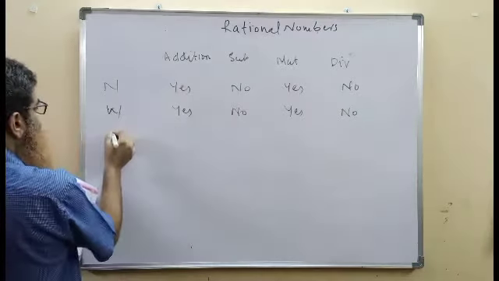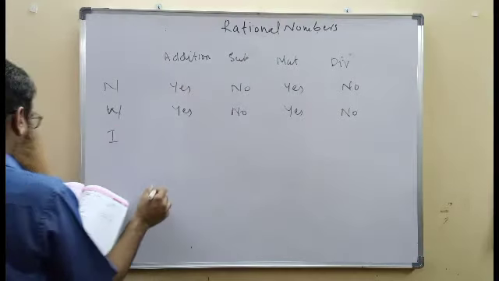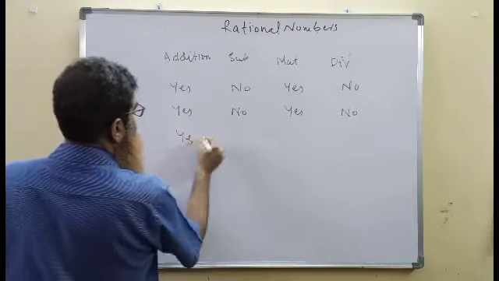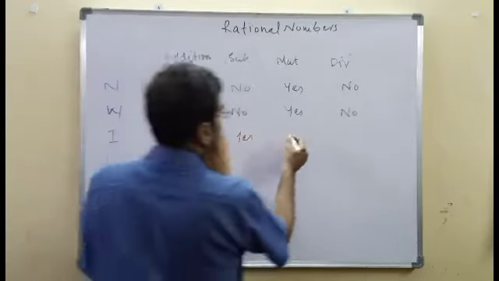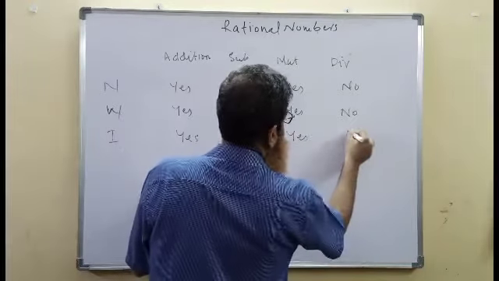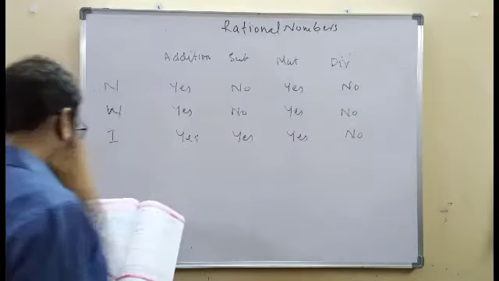For integers, it's closed under addition, also closed under subtraction, also closed under multiplication, not closed under division.